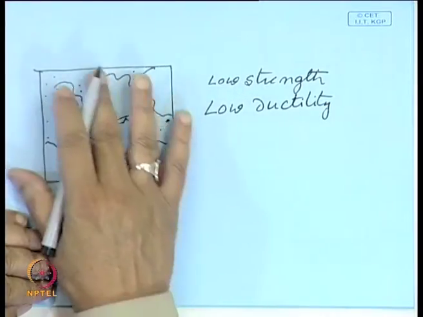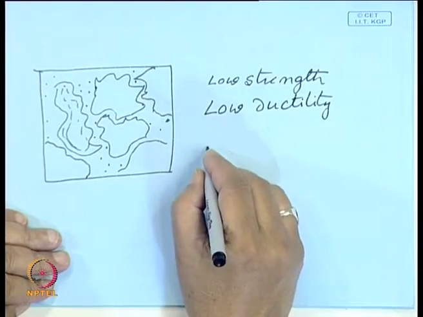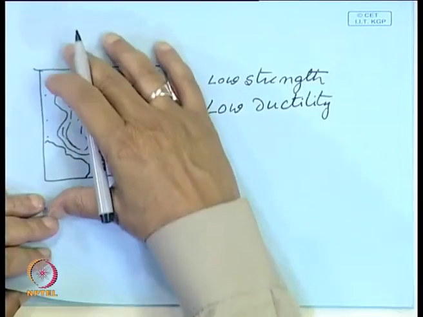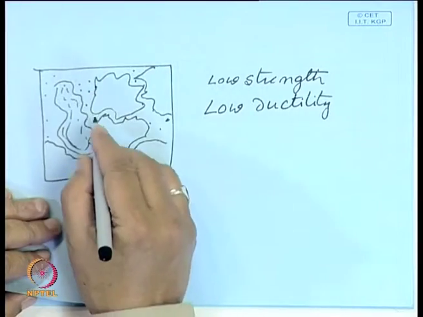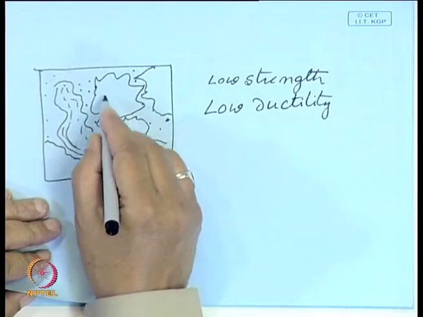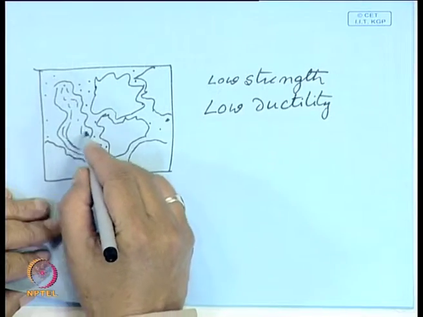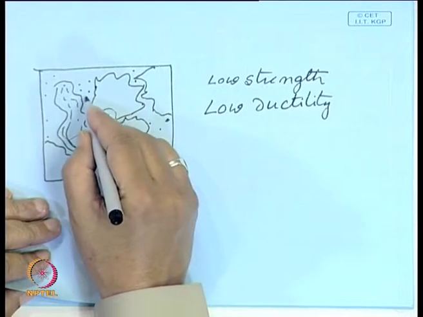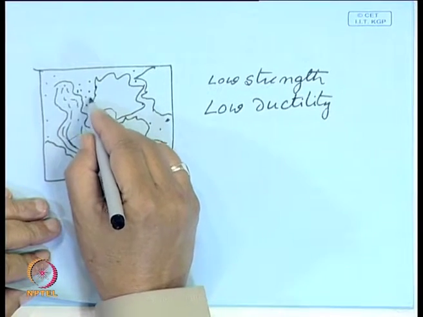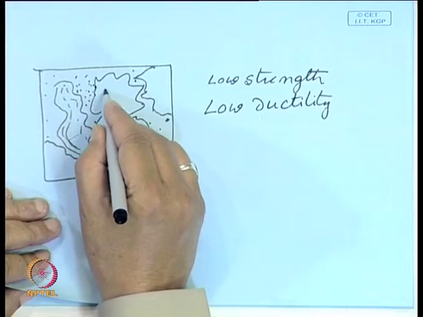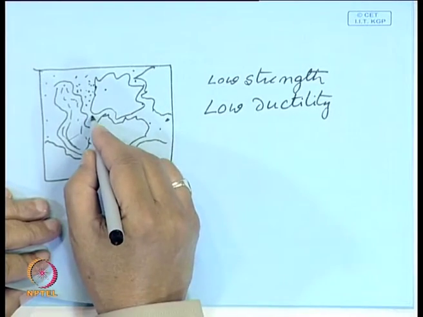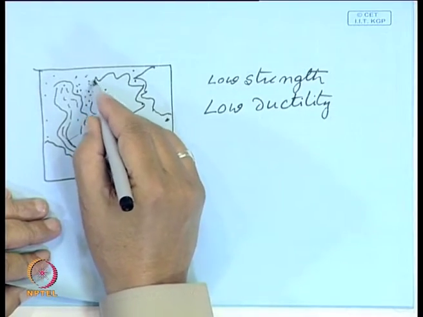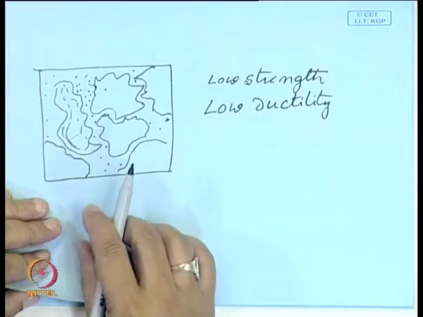The best way to remove this cast structure is to subject it to compressive loading, and under compressive loading at high temperature, it will not only allow these grains to homogenize, but these precipitates will either dissolve in the matrix, or break into smaller particles, and then the softer matrix flows around them and they seal up, they weld up.